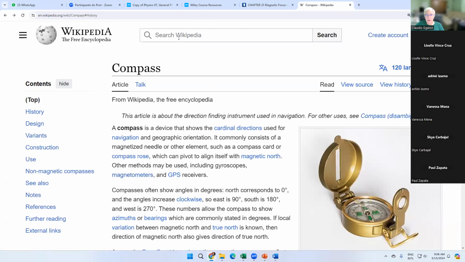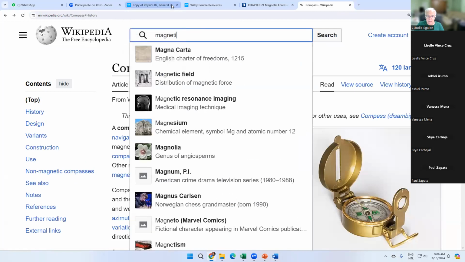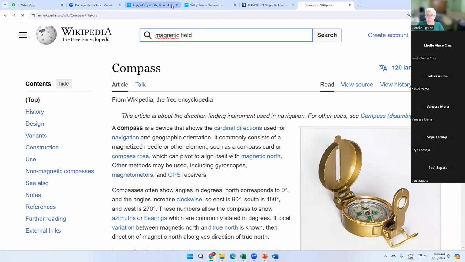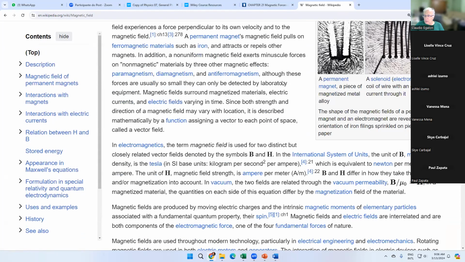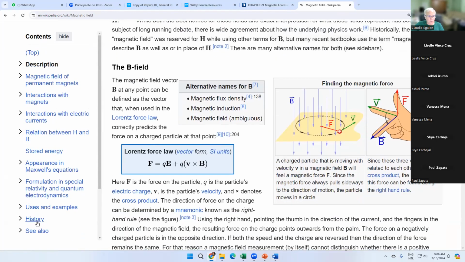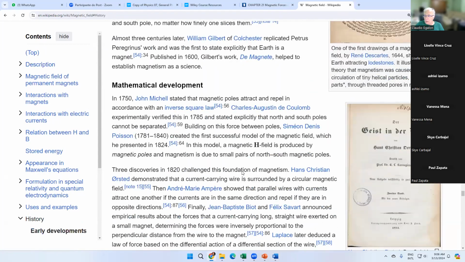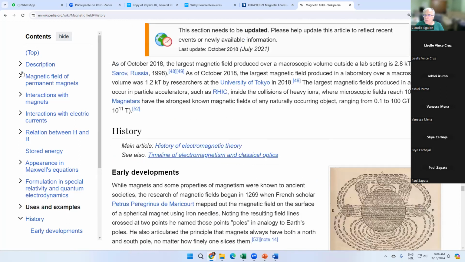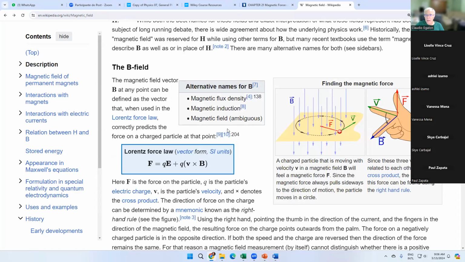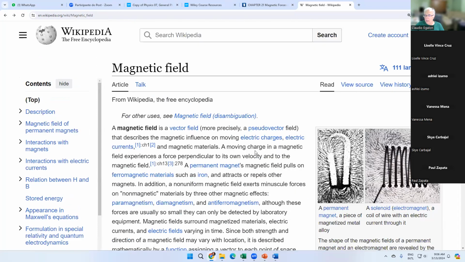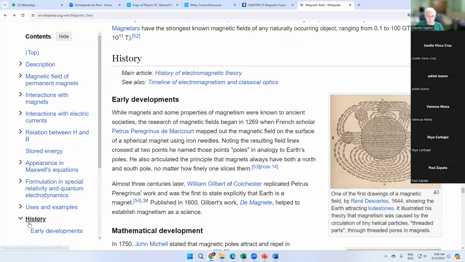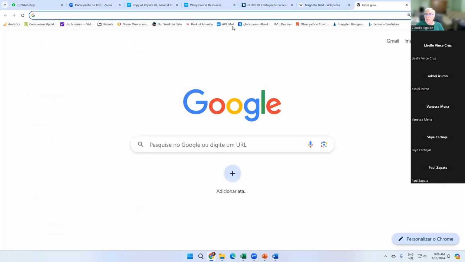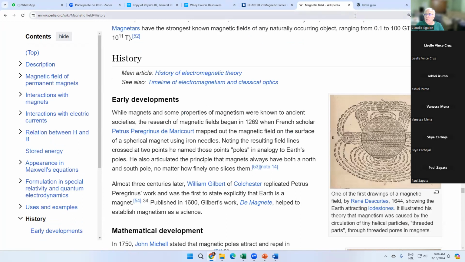Okay, let's see if I have it here. Magnetic field. Going back there to magnetic field, right? Let's see. Its own history. Where is that? No, it's not here. More students coming in. History must be here. No, it's not here. Magnetic field should be compass.